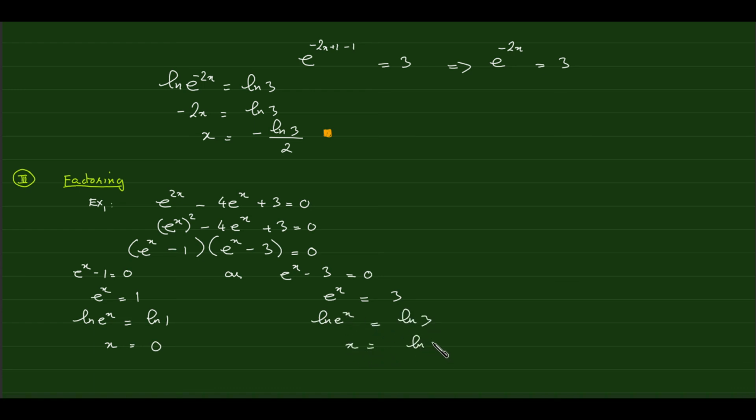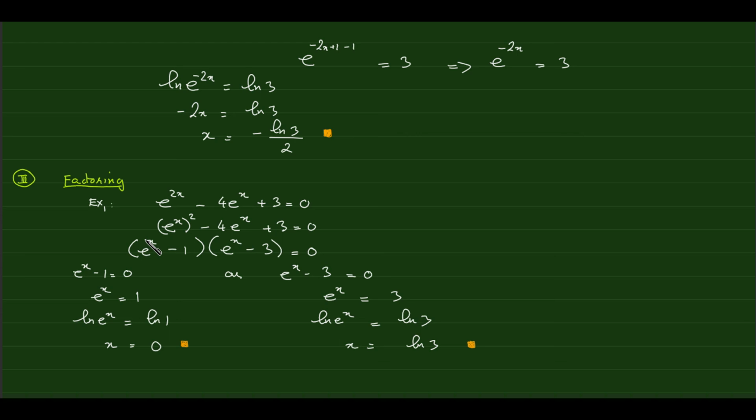So you have two answers. x equal to 0 and x equal ln of 3, which makes sense because it's in quadratic form. In quadratic we have two solutions, right? Two answers.